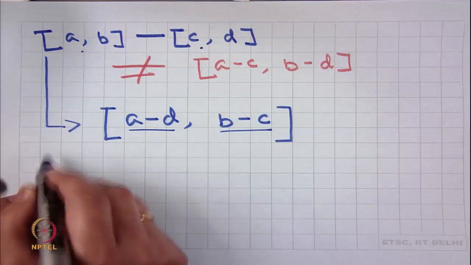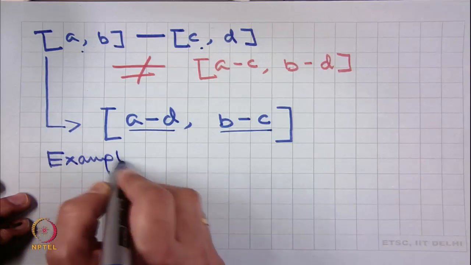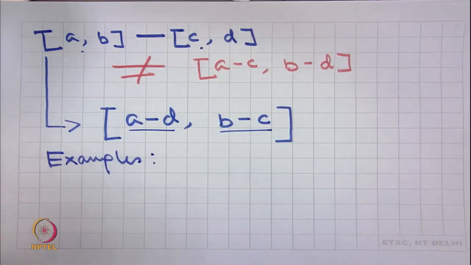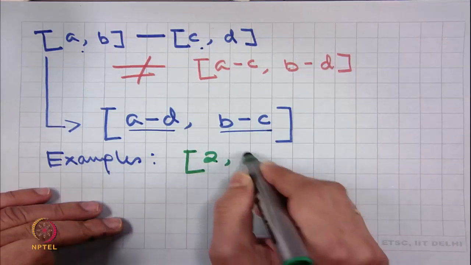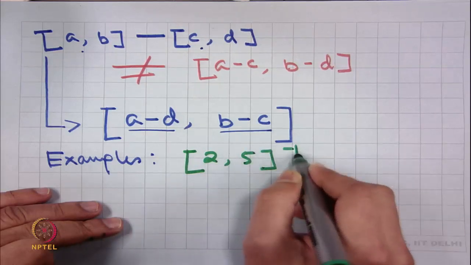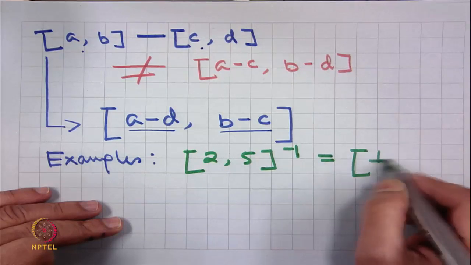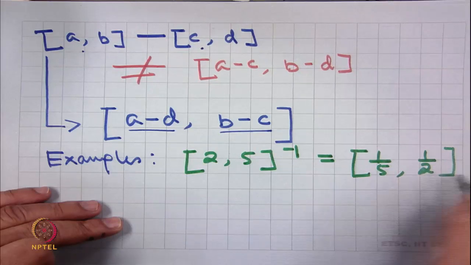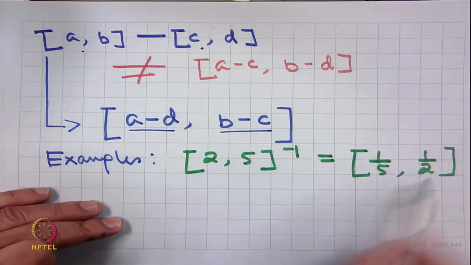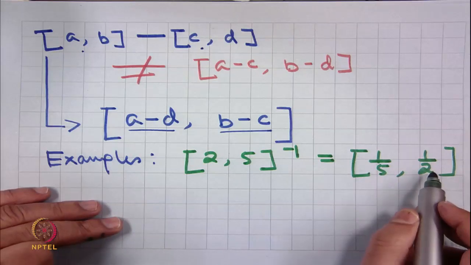So, let me give you examples. What is [2, 5] reciprocal? This is actually equal to [1/5, 1/2], and we know that 1/5 is smaller than half.